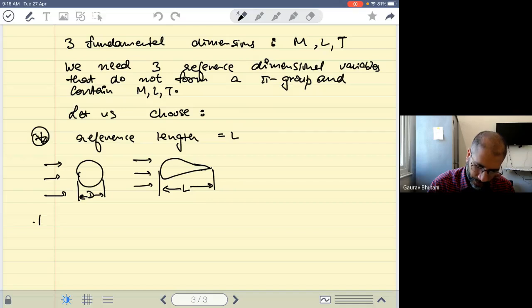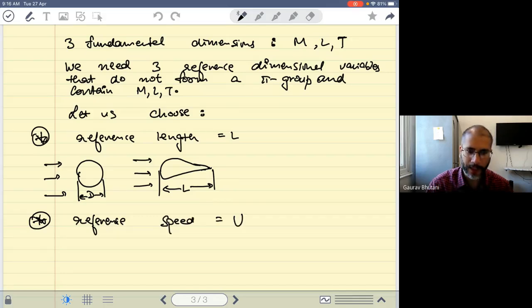All right. The next one is a reference speed. We denote that by capital U. Again, this depends on the problem that we are working with. For the aerofoil case, it could be the free stream speed.